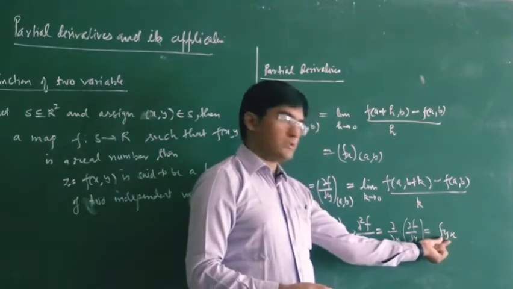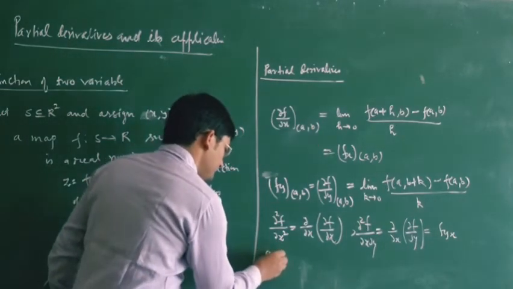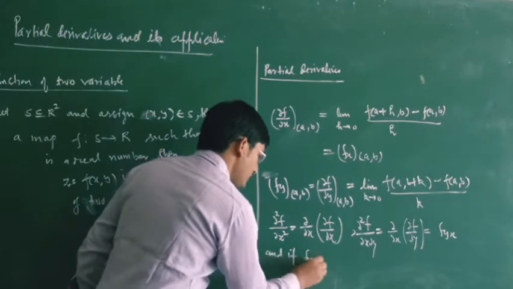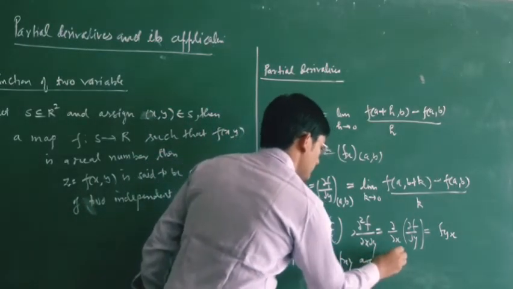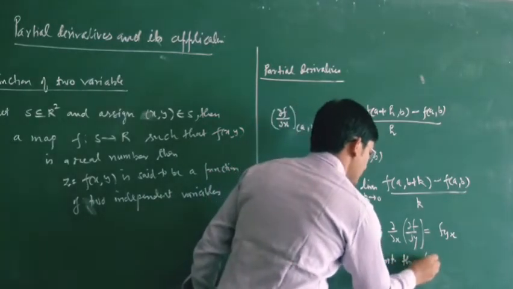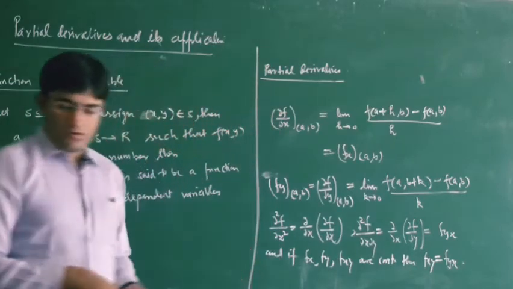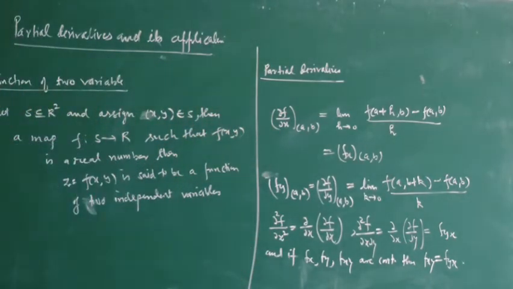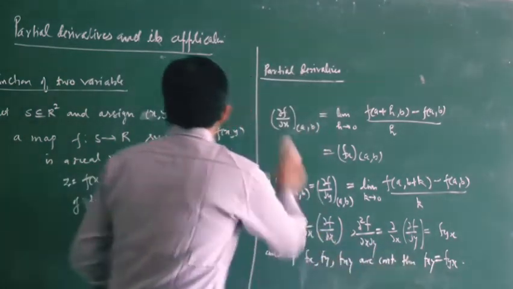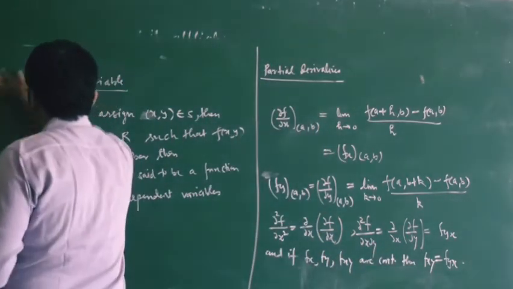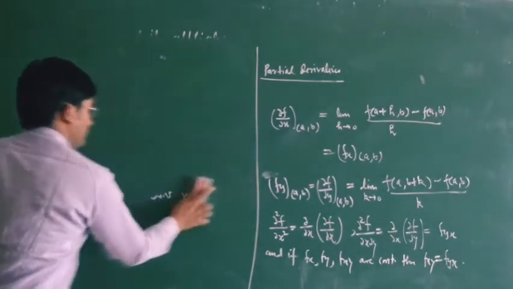That means we have differentiated first with respect to y and then with respect to x. And if your fx, fy and fxy are continuous, then we can say that this fxy is the same as your fyx. So in our case, our function will be continuous, so we will say that this fxy is the same as f of yx.